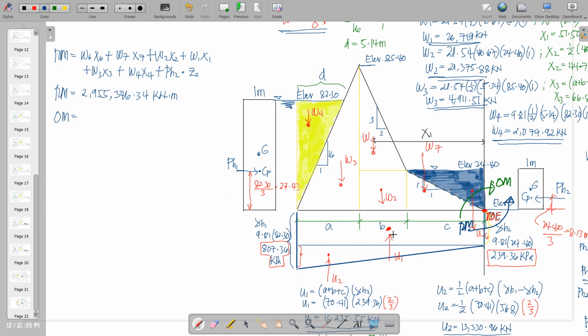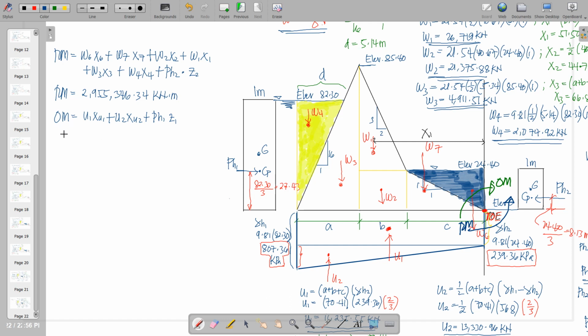Now for our overturning moment, all of the forces which will cause an overturning or a couple along the direction of the overturning moment. Number one is U1 times XU1, the corresponding distance from the toe, plus U2 times XU2. Then finally, PH1 times Z1 for this dimension.